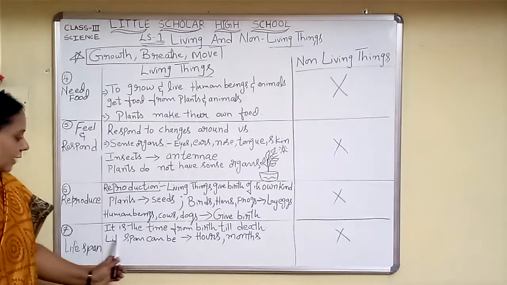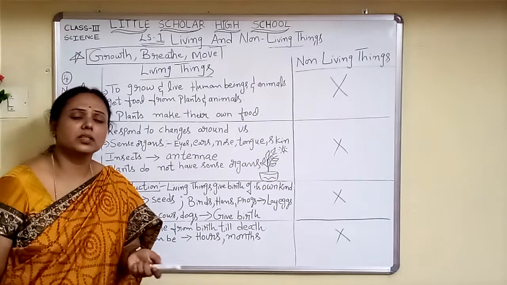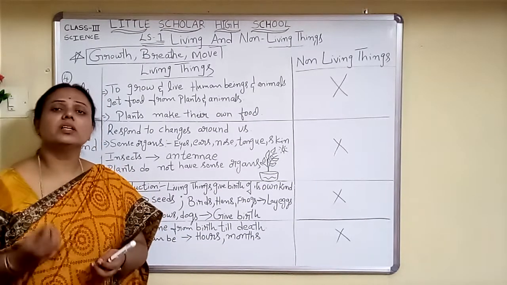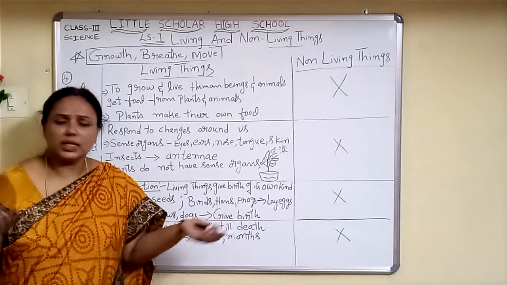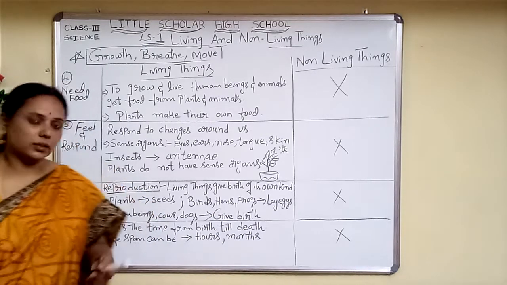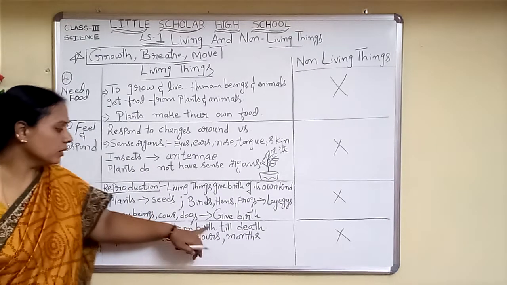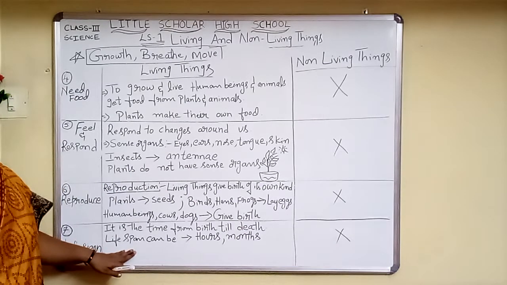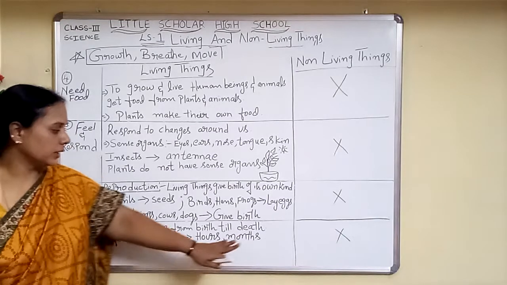Now lifespan can be in hours or it can be in months. We have certain insects, like flies and all, which survive only for a few hours. Whereas there are certain animals like cows, and we ourselves human beings, who live for years and years together, yes or no? That means lifespan is nothing but the time period from birth till death, and it varies from one animal to another animal, or one insect to another insect.